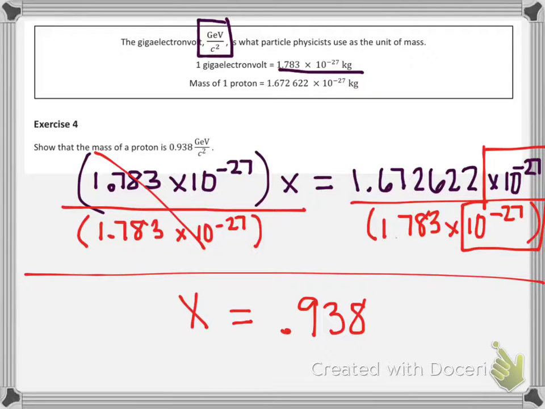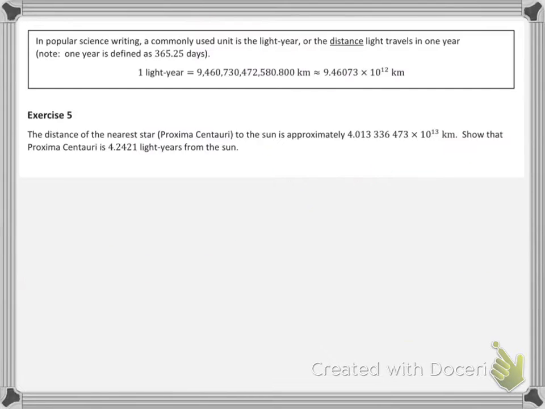So that's times 1. So that's our answer. 0.938 giga electron volts is correct, and we've proven that to be the case. Okay, so using some algebra there to make sure that we understand that it's almost 1, the mass of one proton is almost 1 giga electron volt, which is this size. Okay, exercise 5.